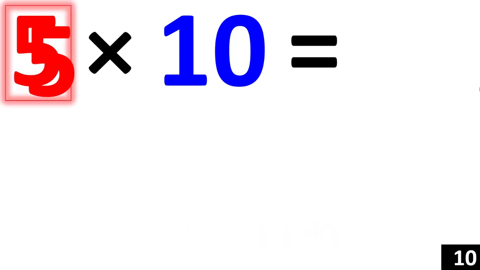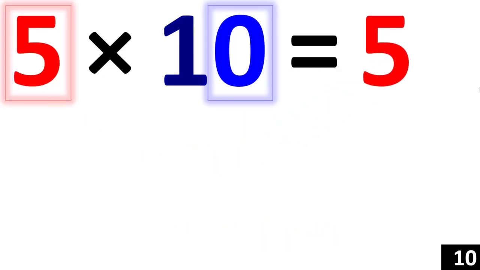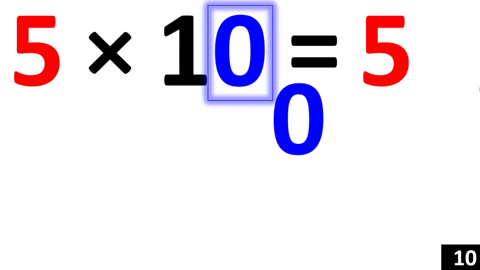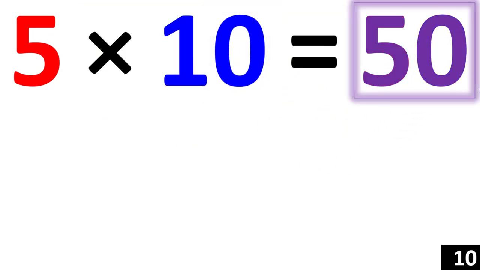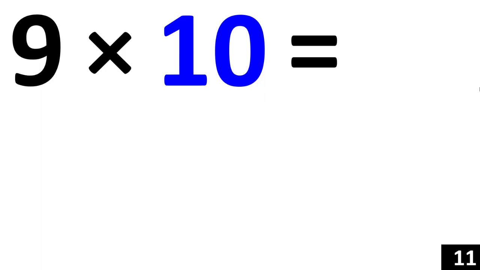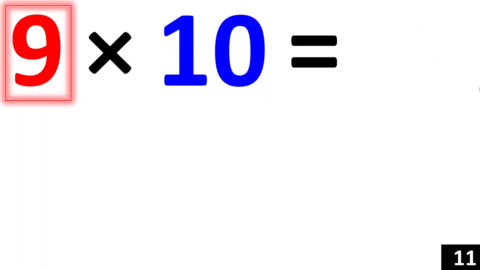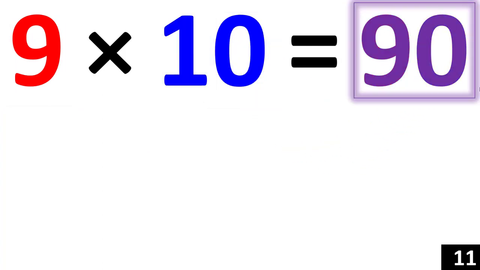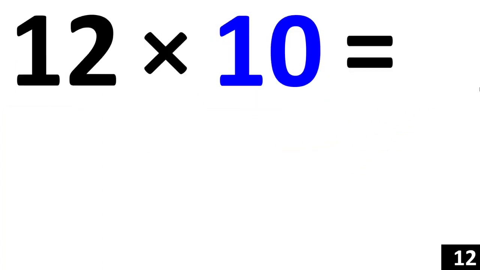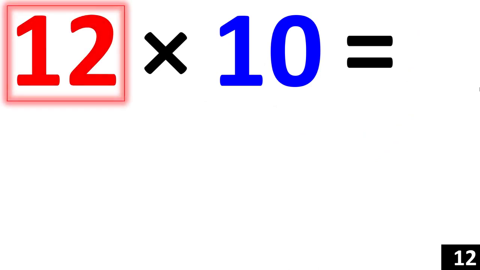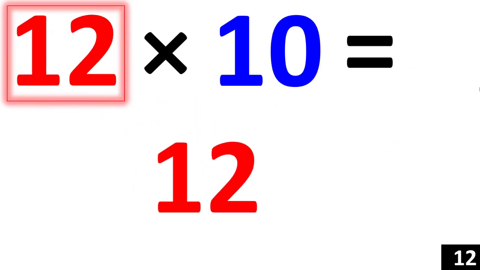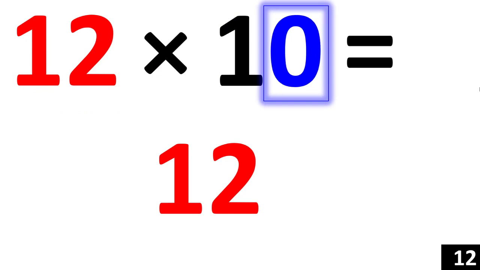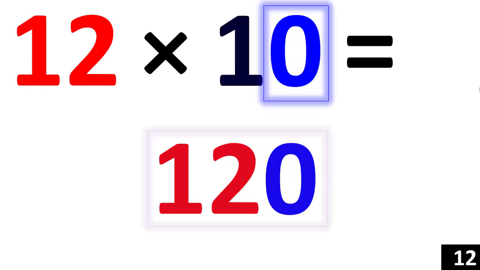So 5 times 10 is a 5 with an added 0. A 5 with an added 0 is 50. 9 times 10 is a 9 with an added 0. 90. 12 times 10 is a 12 with an added 0, which is 120.